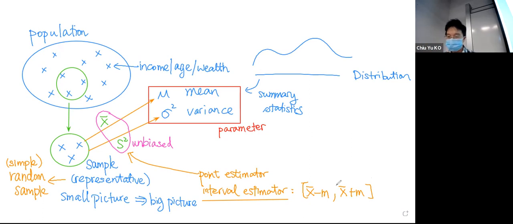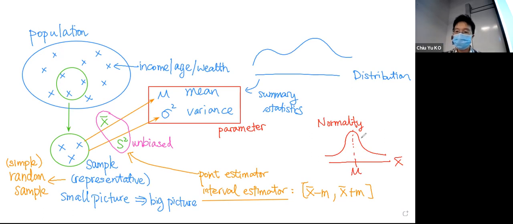Graphically, it means the following. If you recall, if we assume normality, X bar will have a bell curve over mu. The interval estimator means the following: X bar can be any number following the bell curve.